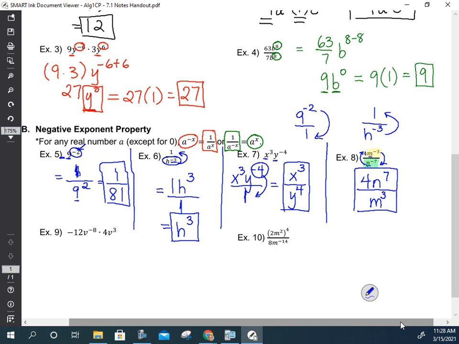Let's give about a good 45 seconds for those people who need to finish copying down any of those examples to do so before we move to example 9.